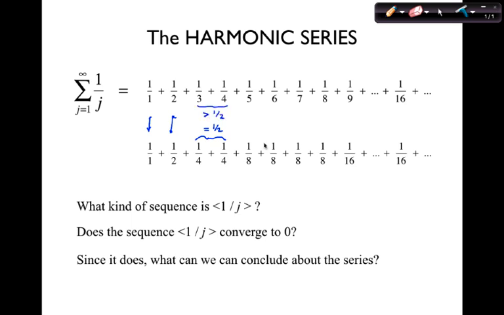Okay, then I'm going to take the next 4 terms. Instead of 1/5 plus 1/6 plus 1/7 plus 1/8, I'm going to add four 1/8s. What's that equal to? 1/2. And how about what we have in our harmonic series? Bigger than 1/2. Then I'm going to take the next 8 terms. Instead of 1/9 through 1/16, I want to add eight 1/16s, which equals 1/2.